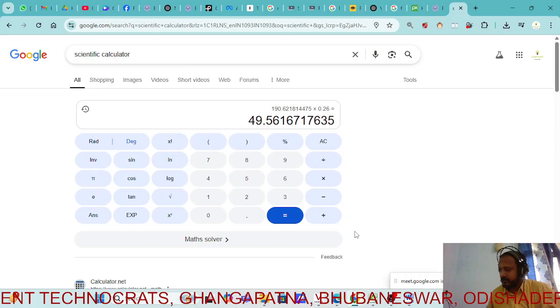Whenever you apply the brakes, deceleration will take place. What is deceleration? It is negative acceleration, you can say retardation also.